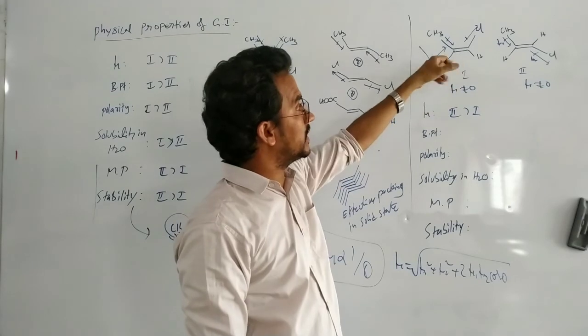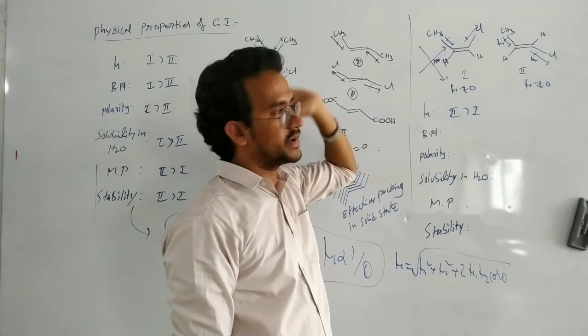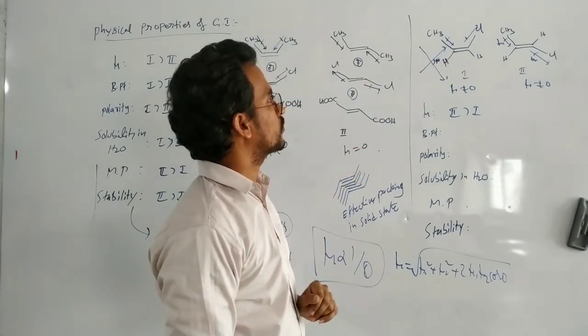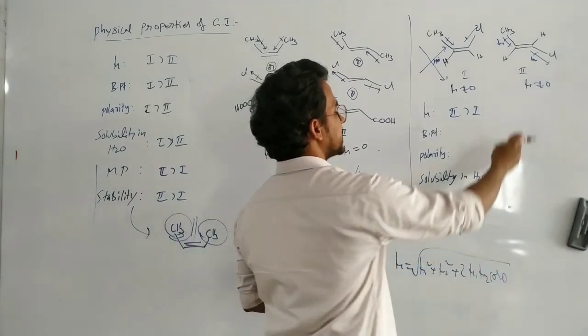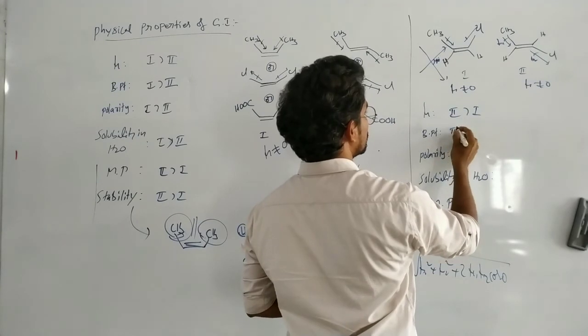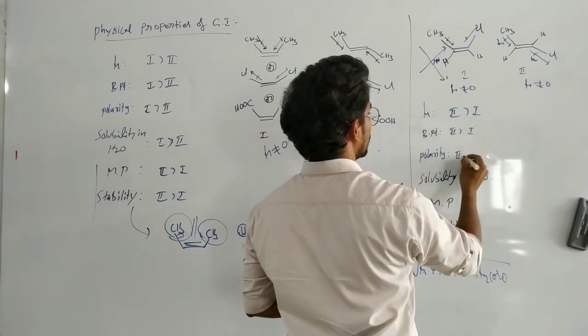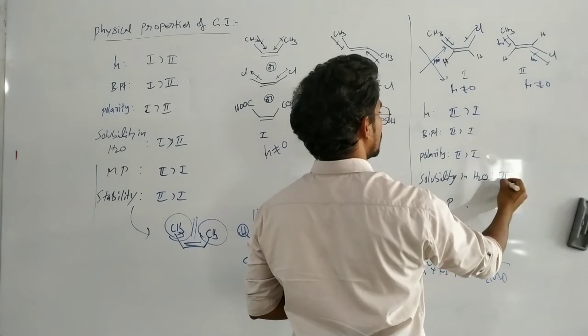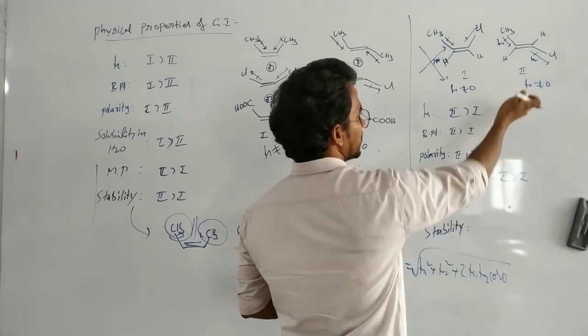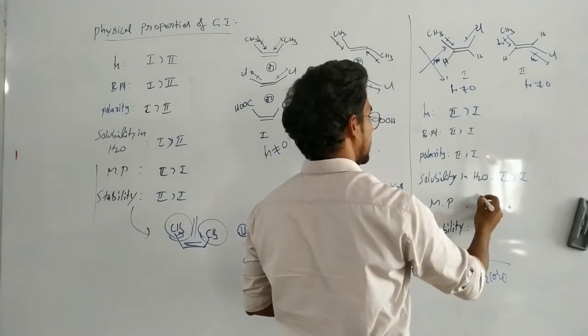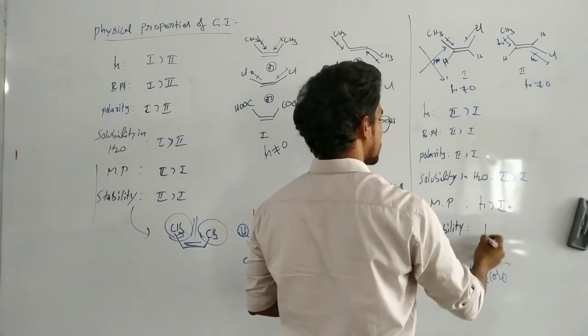The higher the angle, the lower the dipole moment. So compound 2 has a higher dipole moment, and a higher boiling point. It has a higher polarity, and is more soluble in water because water is a polar solvent and it is a more polar compound. And for melting point, trans has a higher melting point.